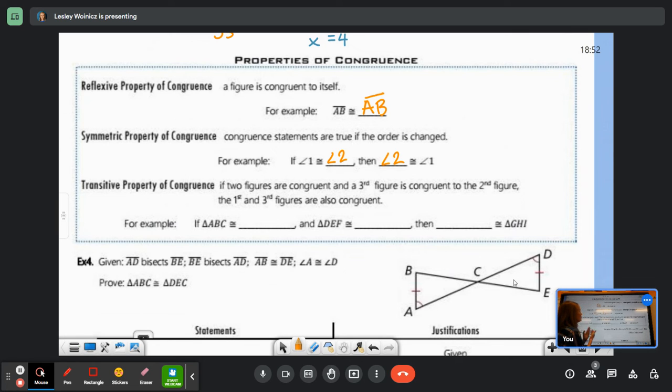Okay, transitive property of congruence. If we've got two figures congruent and a third figure is congruent to the second figure, then the first and third figures are also congruent. That sounds worse than it is. It's really easy.